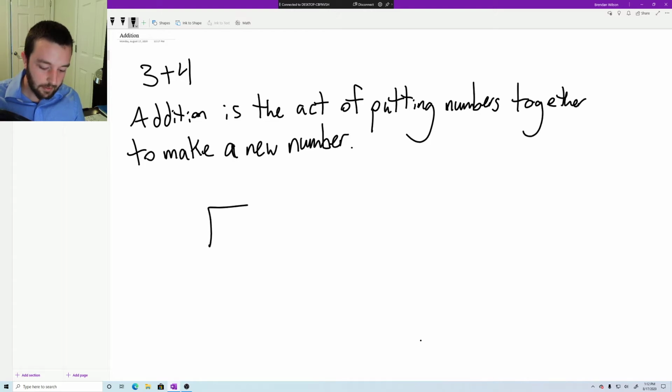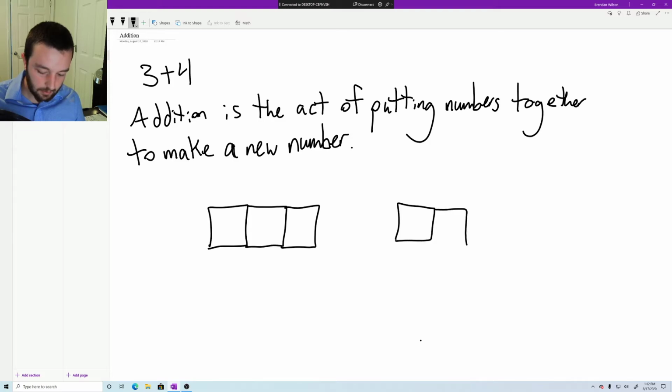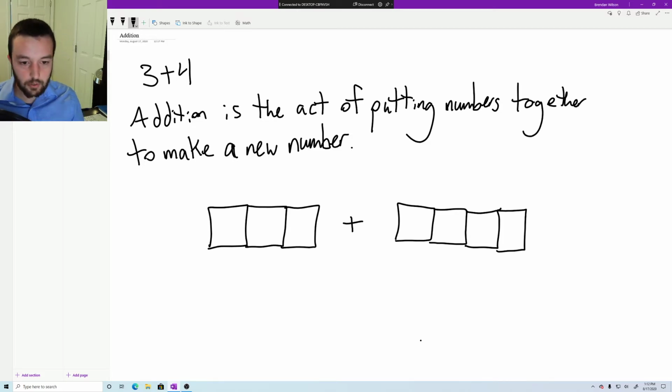So if I have 3 blocks, and I have 4 blocks, when I say I want to add these together, what I mean is I want to take these 2 sets of blocks here, put them together, and then count how many I have total.